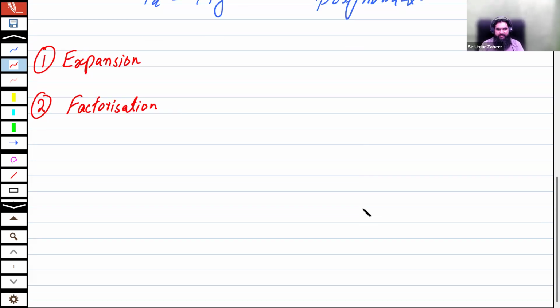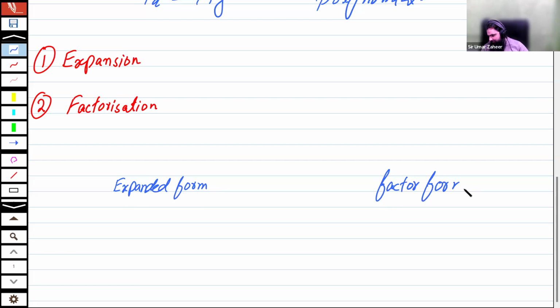Expansion means you are writing something into the sum and difference form. Factorizing means you are writing something into the product form. You are always going to be writing the expression into two different formats. The first one is known as expanded form, and the second one is known as factor form.